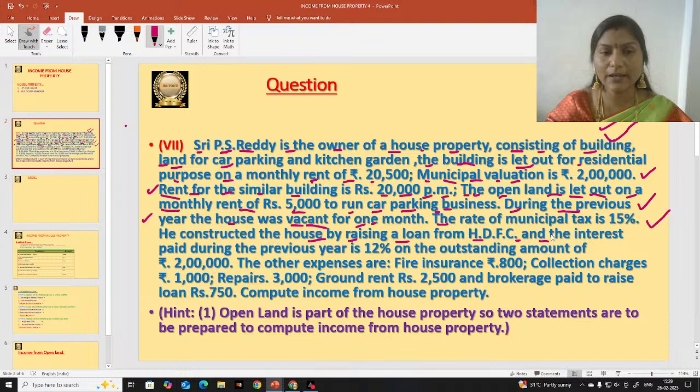We are bothered about what the interest rate is. And that amount of loan is due. How much is it? The outstanding amount is 2 lakhs, students. So 2 lakhs is the outstanding amount.